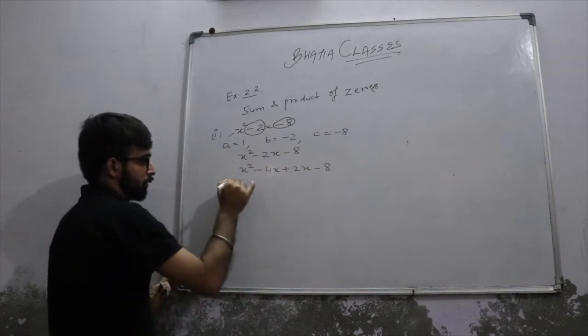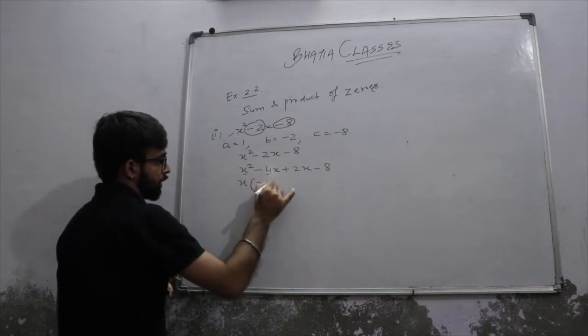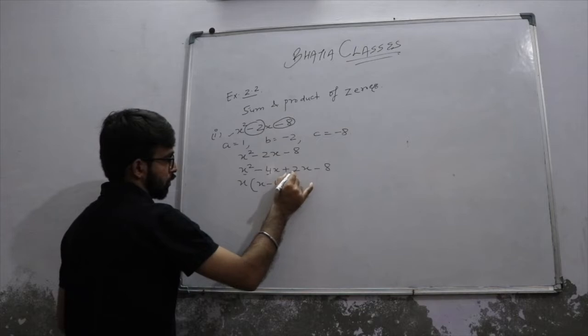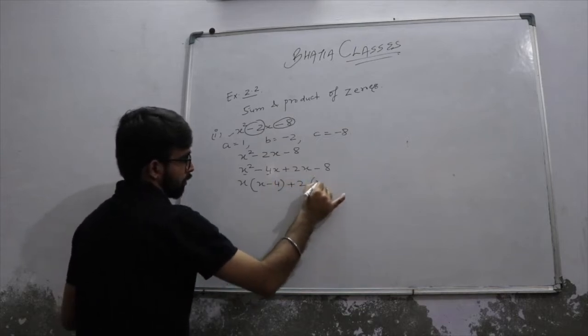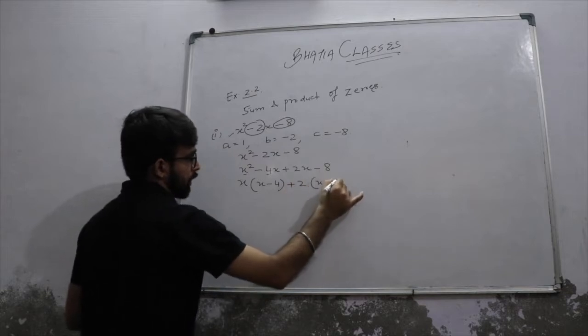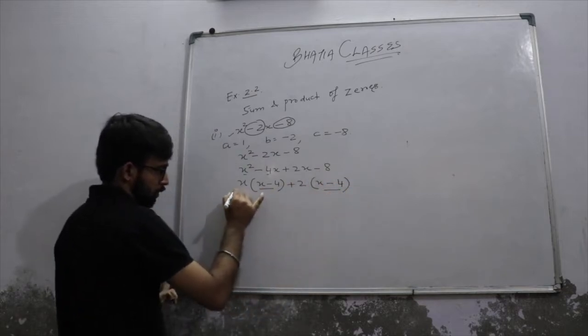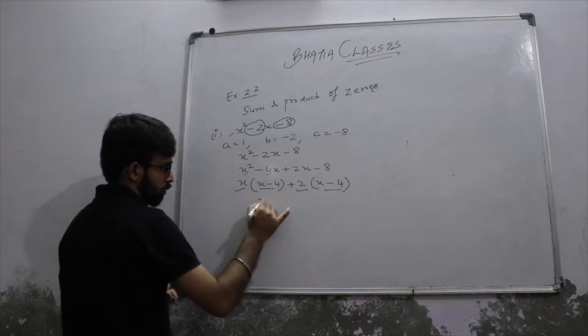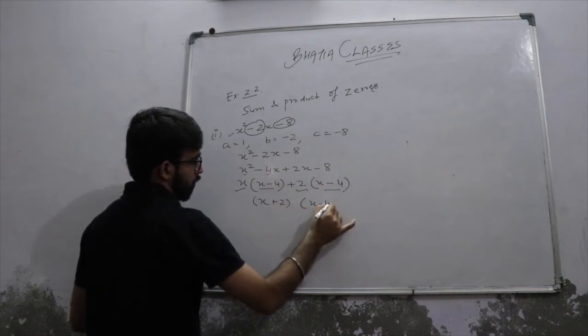Going forward, taking x common you get x(x minus 4) plus 2, and again from the remaining quantities, taking 2 common, these brackets will be the same. Taking these two quantities, (x plus 2) and (x minus 4).